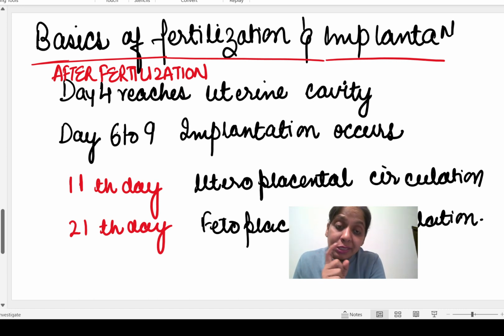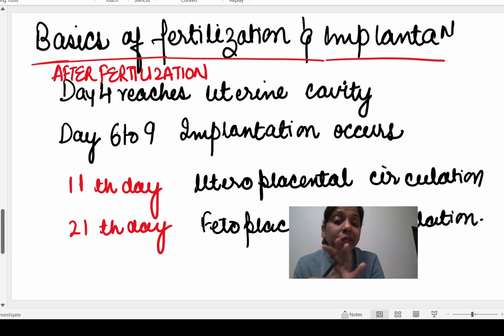This fertilization which has occurred in the ampulla, this morula enters the uterine cavity at the morula stage. Okay, from day 6 to day 9 after fertilization, the implantation occurs.